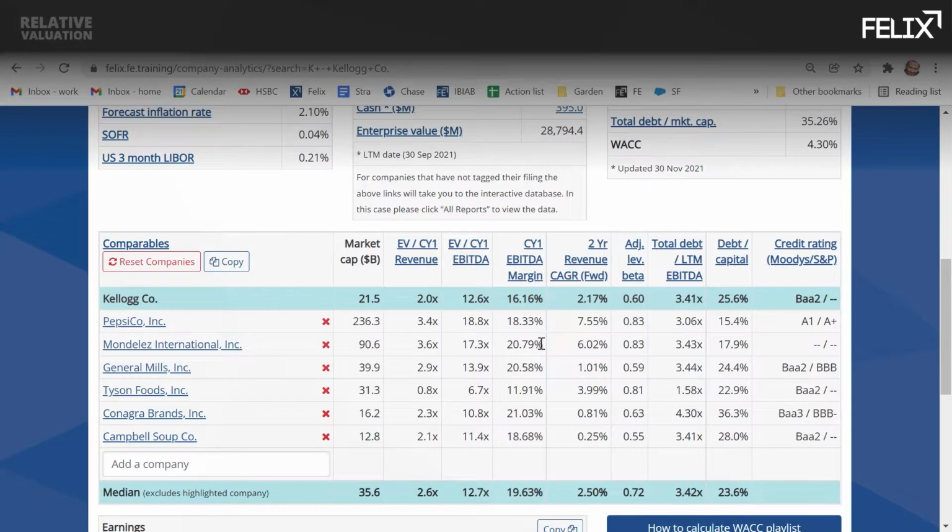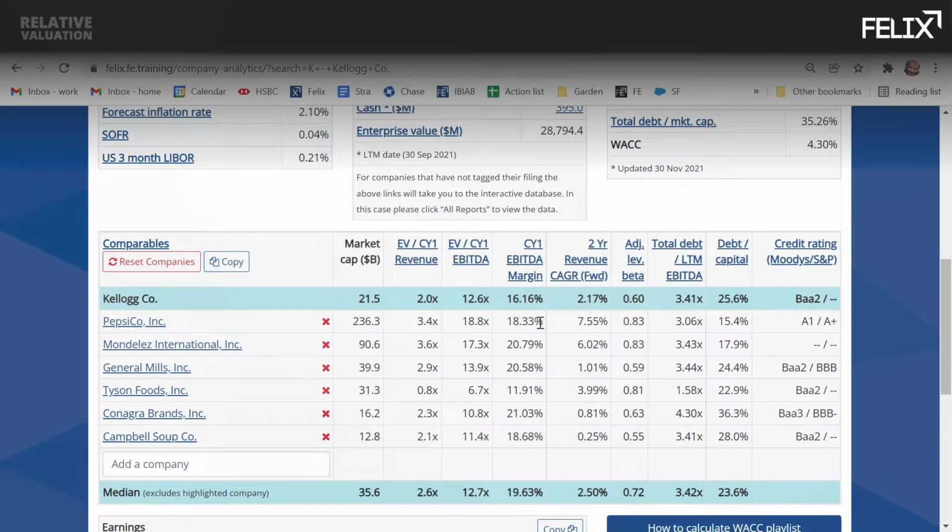So I'm not surprised that PepsiCo and Mondelez are trading at such high multiples because not only have they got the strongest growth in the sector, but they also have the best margins. So you can start to see how the market's working here. They're saying we're going to pay a lot more for PepsiCo's earnings because not only is it growing faster, it's got higher margins.